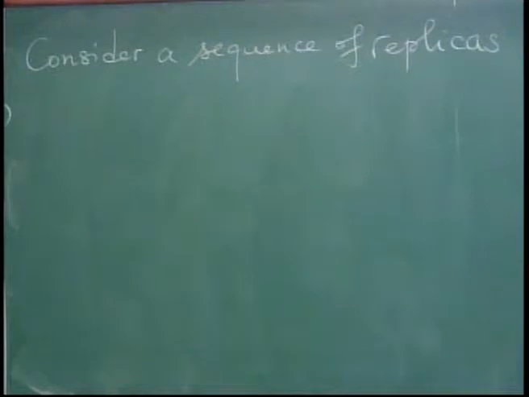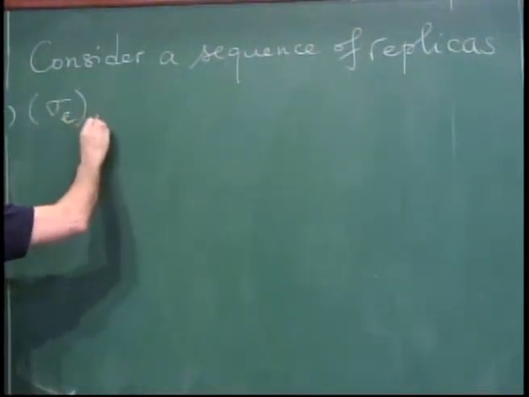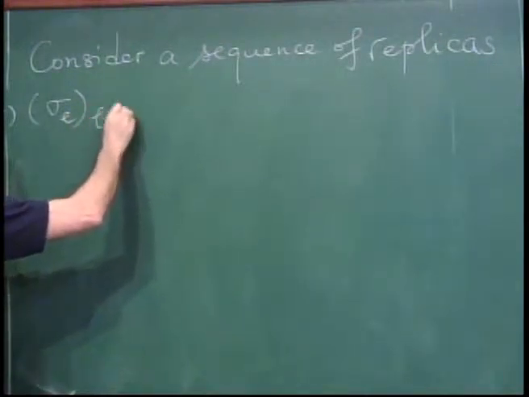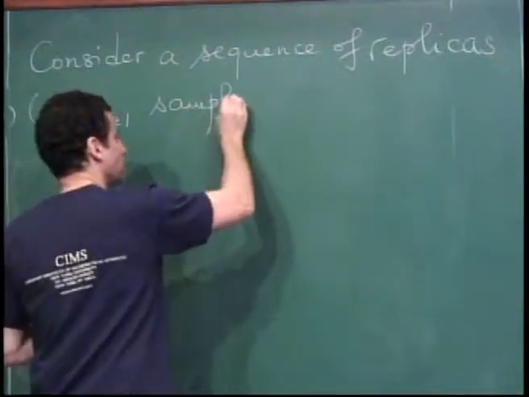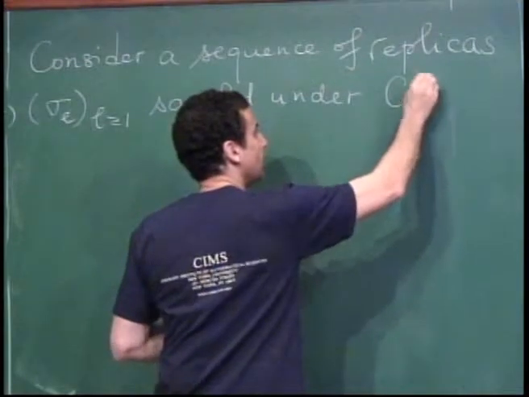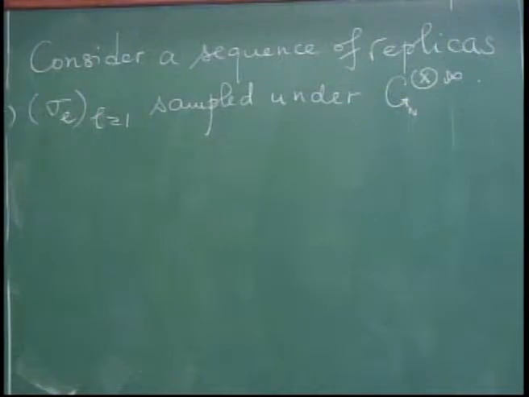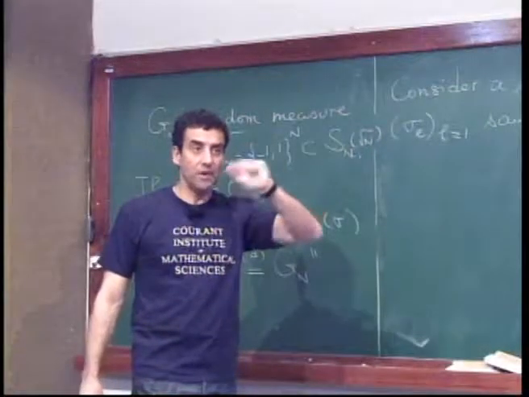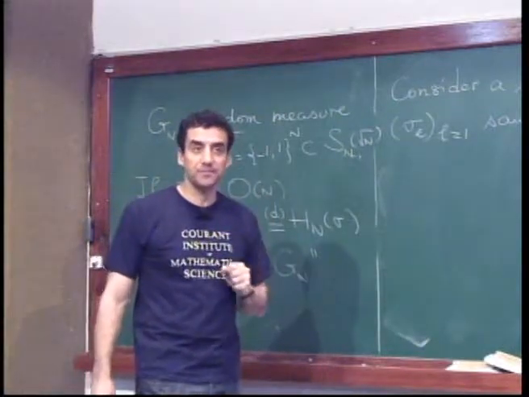And let's say sigma 1, ..., sigma L, when L is larger than 1, which are sampled under G infinity. So you have your Gibbs measure on the vertices of the cube, and you take an infinite sequence of replicas. You choose an IID sequence of points according to this Gibbs measure.